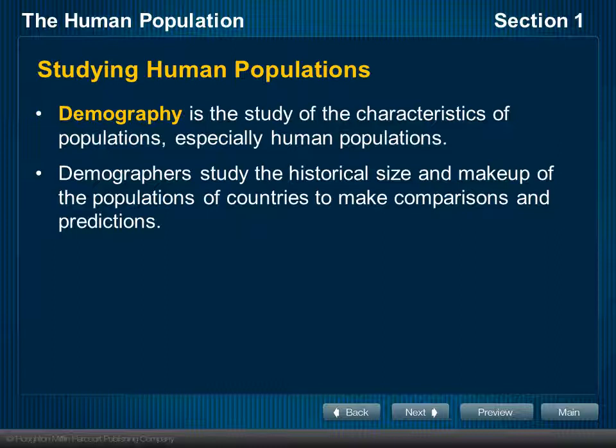And what we have found is that being able to understand and make predictions of these populations is really important because these have far-reaching consequences in terms of economics and stability within different cultures, within different countries.